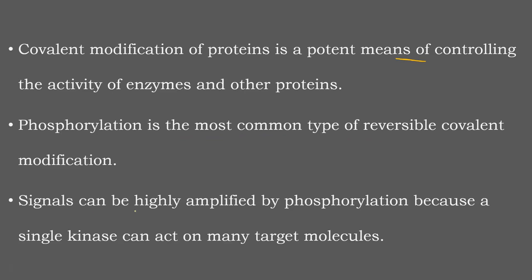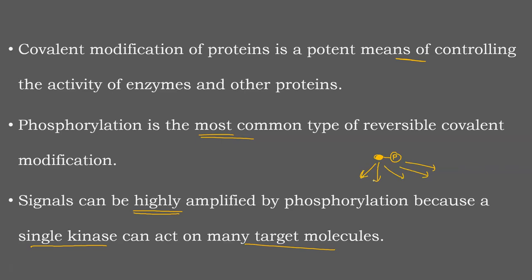The signals can be highly amplified by phosphorylation because a single kinase can act on many target molecules. Why is phosphorylation a very common means? If a single protein is phosphorylated, this single protein can target many proteins.